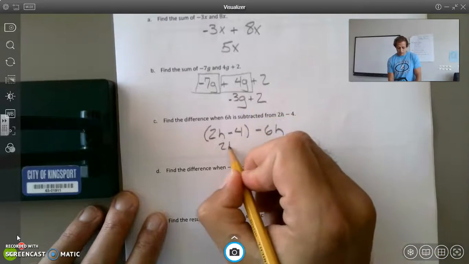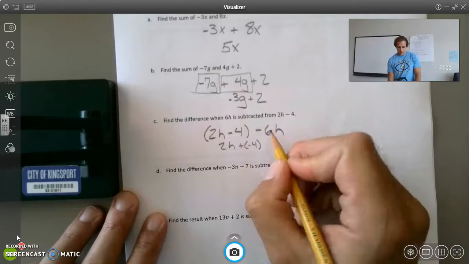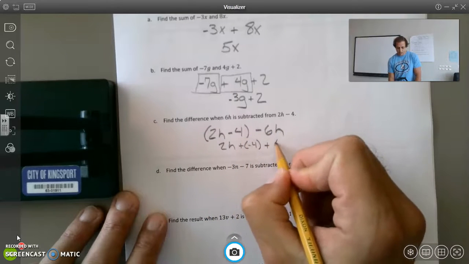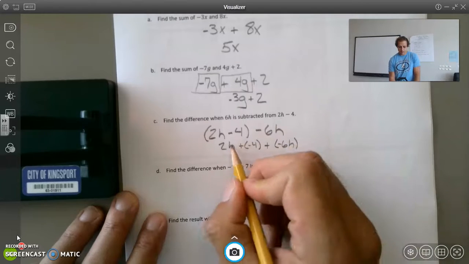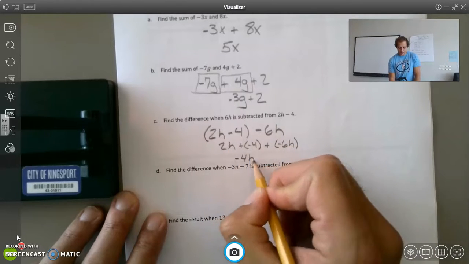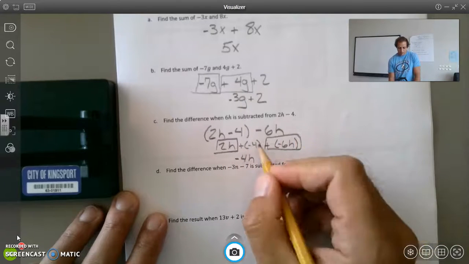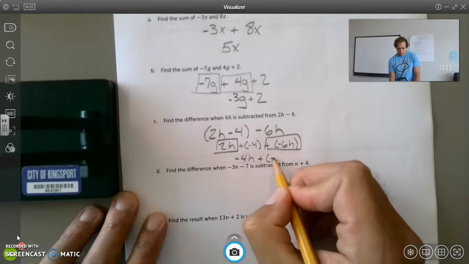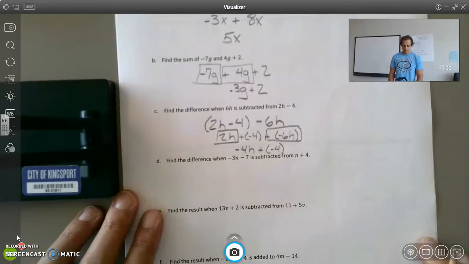So 2h plus negative 4, and then I can drop my parentheses. And instead of subtracting 6h, I'm going to add negative 6h. Negative 6h and 2h is negative 4h. These are like terms, so I can add them together. And then negative 4 has no term that is alike, so it will remain negative 4.